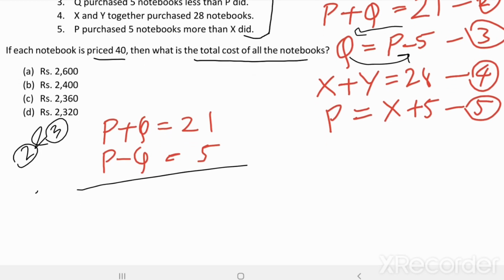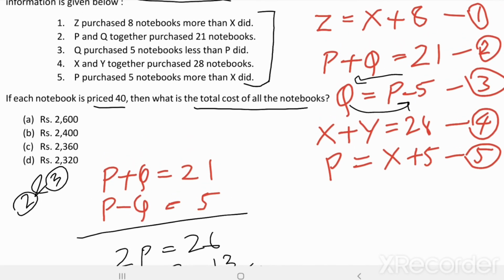Adding these two, we get 2P equal to 26, P equal to 13. When P equal to 13, from equation number 5, we can write X equal to 13 minus 5, which is equal to 8. When X equal to 8, then Y equal to 28 minus 8, we get 20.